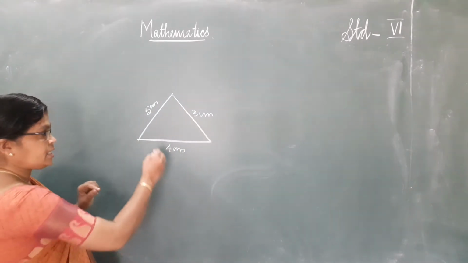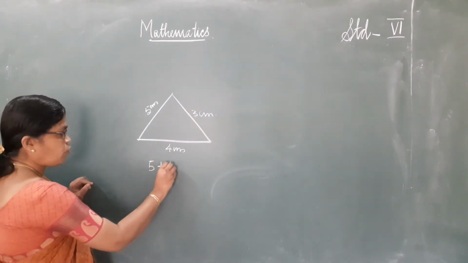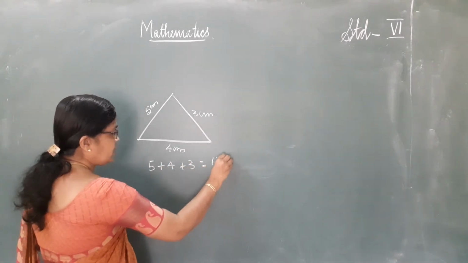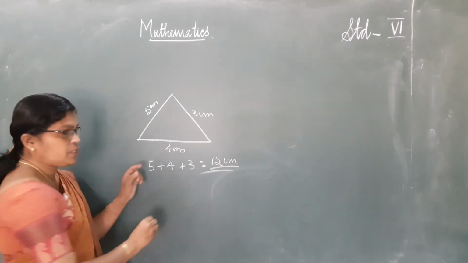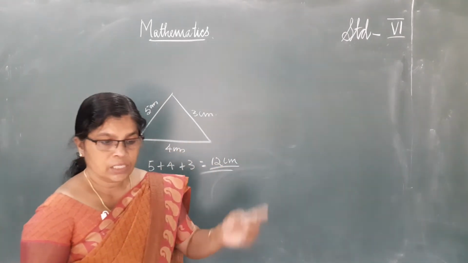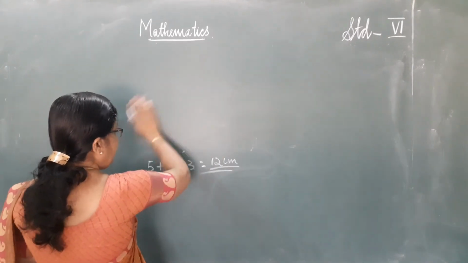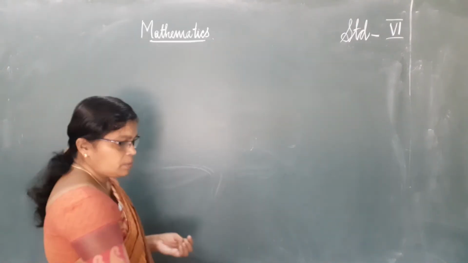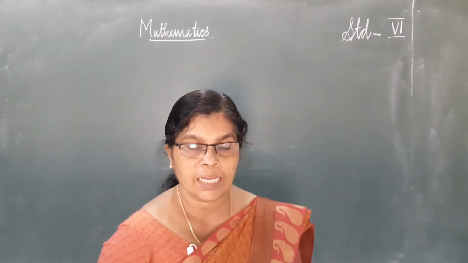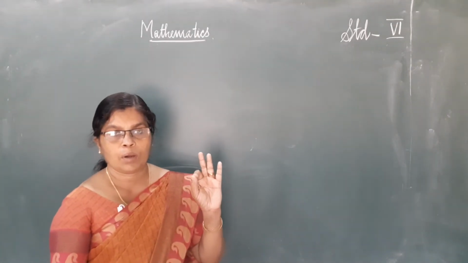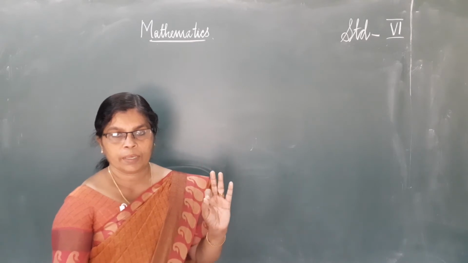So let us add: 5 plus 4 plus 3, that is equal to 12 centimeter, which is the perimeter of this triangle. Similarly, we can find the perimeter of any figure. Perimeter is the sum of the total length of the boundary.